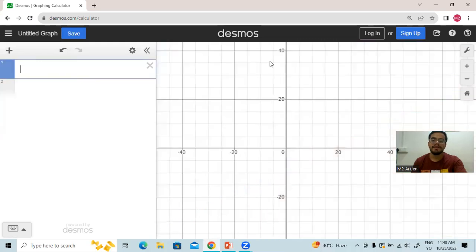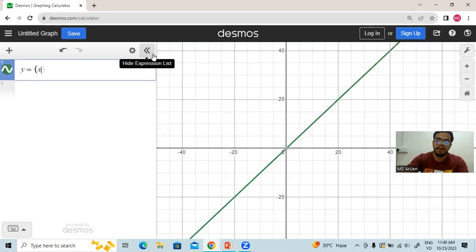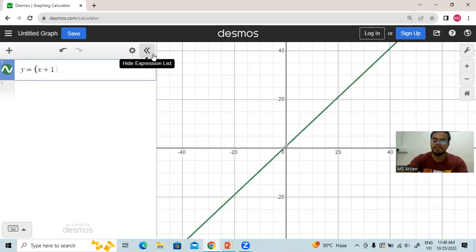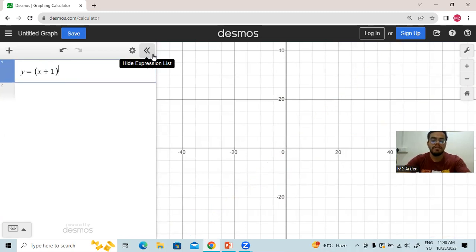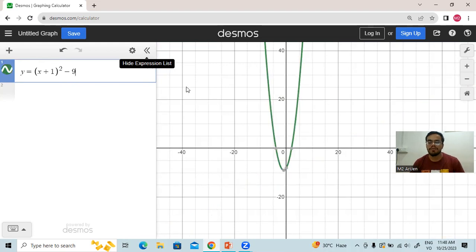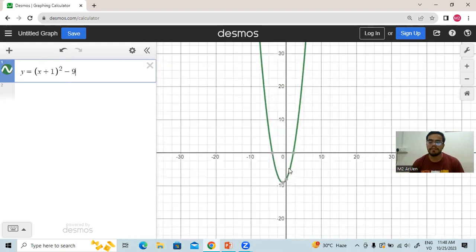Let's paste this equation first. So our equation was y equals (x plus 1) the whole square minus 9. So you can clearly see.